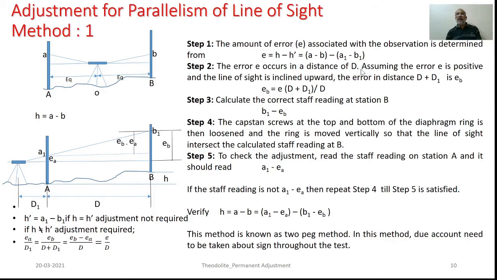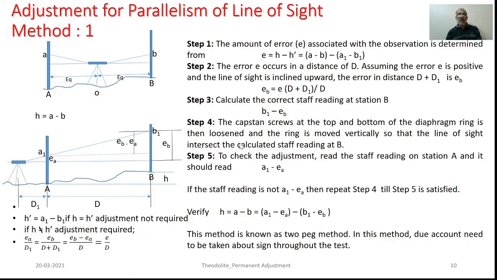So this error E occurs in a distance of D. So let's assume that this particular error is positive and the line of sight is inclined upward. The error in distance D plus D1 is EB, which, as discussed here, should be equal to E into D plus D1 by D.